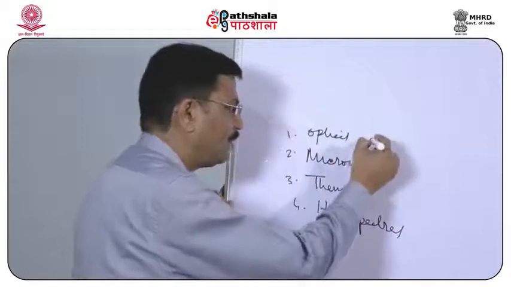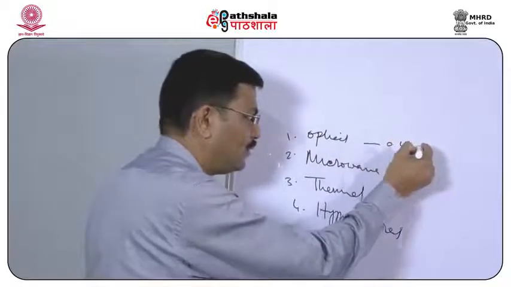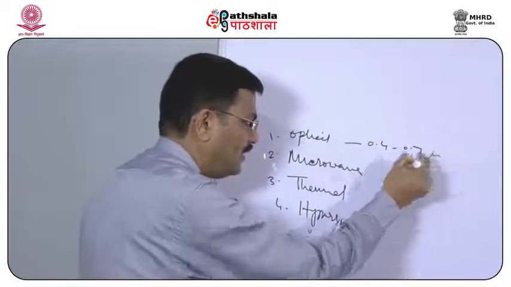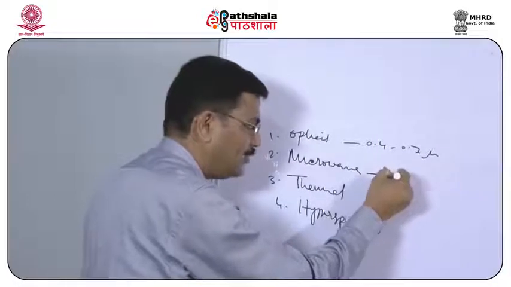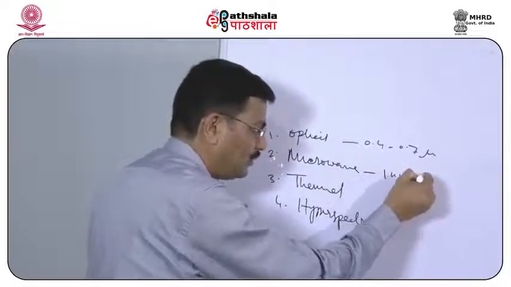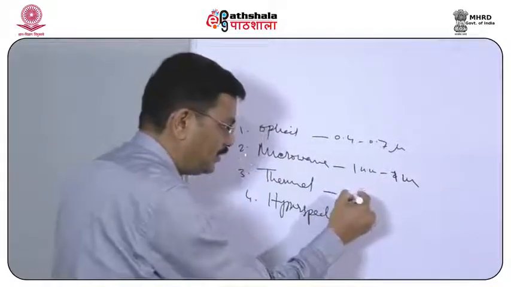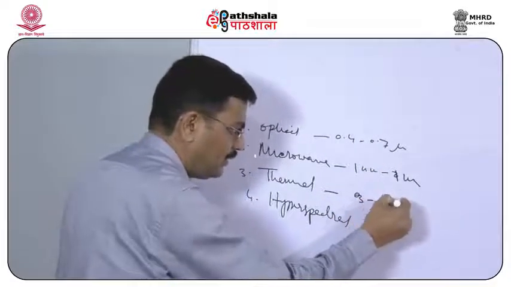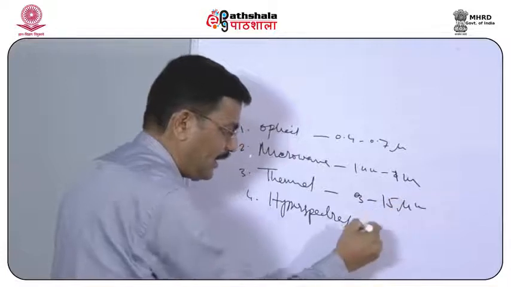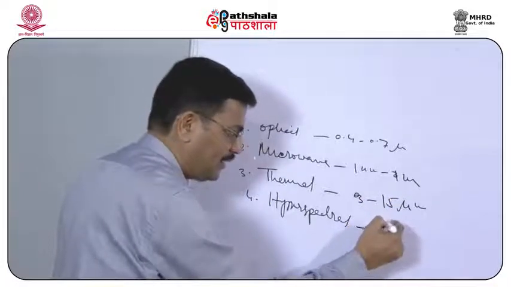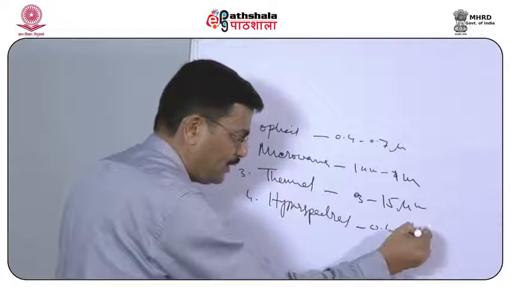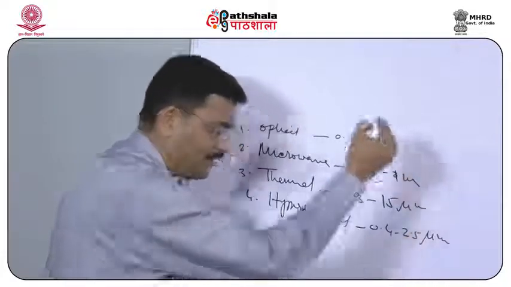As I mentioned before, optical takes data at 0.4 to 0.7 micrometer, microwave takes 1 nanometer to 1 meter, thermal takes 3 to 15 micrometer, and hyperspectral takes data from 0.4 to 2.5 micrometer.